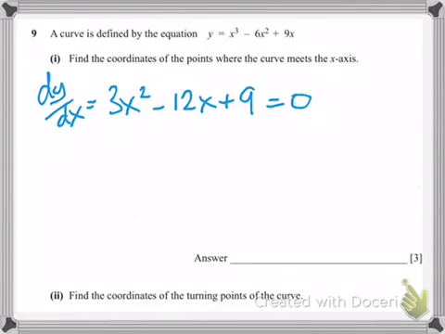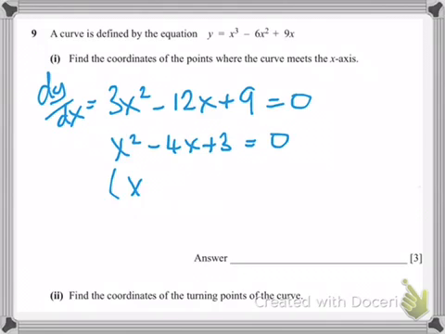So we've got a quadratic. We can simplify the quadratic by dividing by 3, and you get x squared minus 4x plus 3 is equal to 0. Okay, so then if we want to solve that to find the two values of x, two numbers multiply to give you 3 and add to give you minus 4.